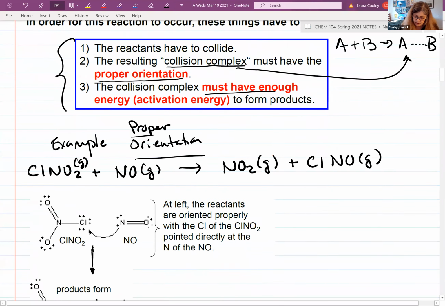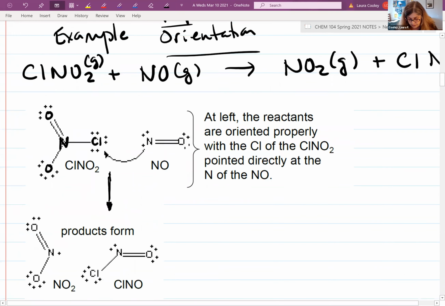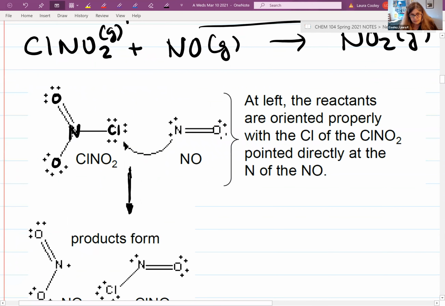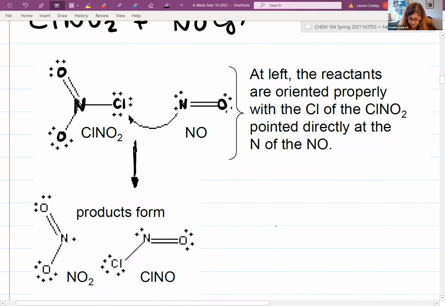Let's take a look at these molecules. ClNO2: here is the NO2 part of that molecule, and here's the Cl. These are all bonded together. So this is the ClNO2 here, and then we just have NO. You can see that now you have a bond between the N and the Cl in the products.